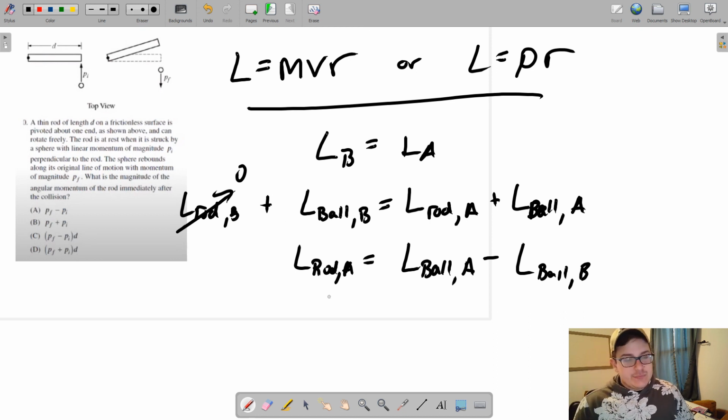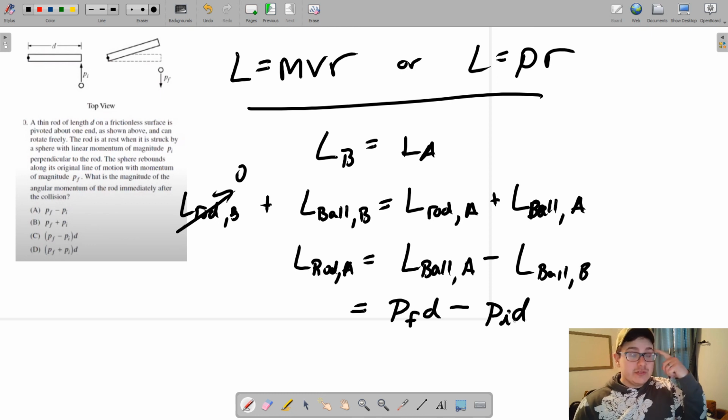So let's expand these a little bit. The angular momentum of the ball is going to be its linear momentum after the collision, so we're just going to call that final, times your distance on the rod, or your radius, so that's going to be d, minus momentum initial times distance.